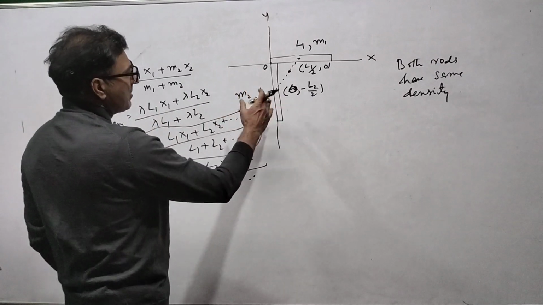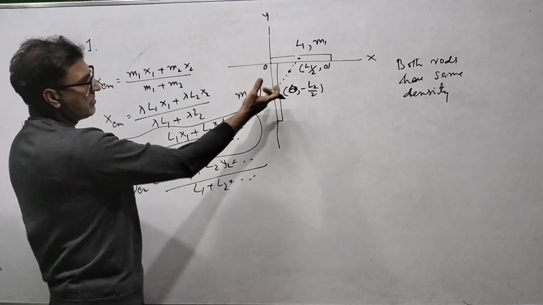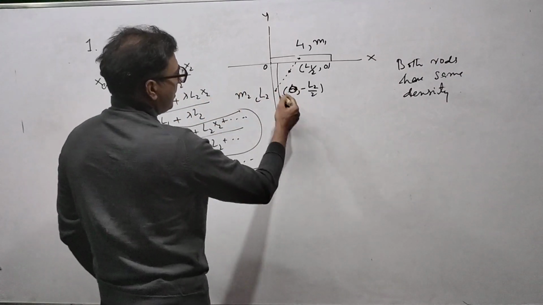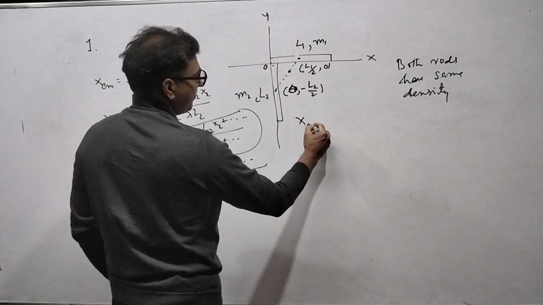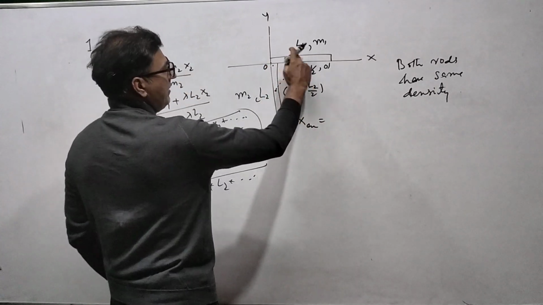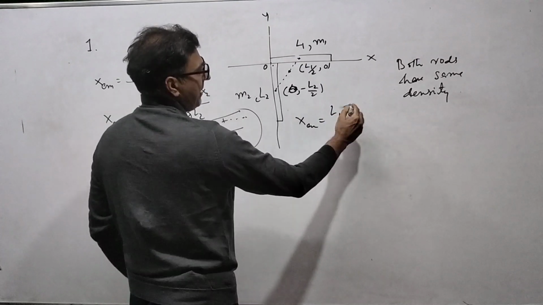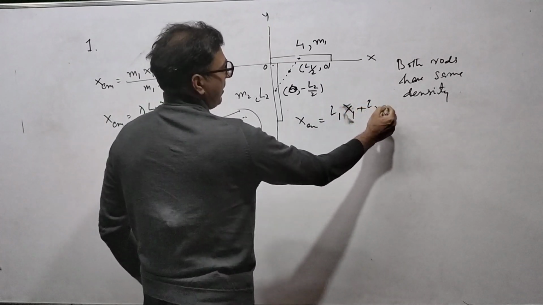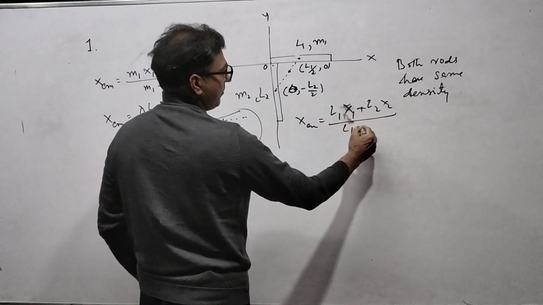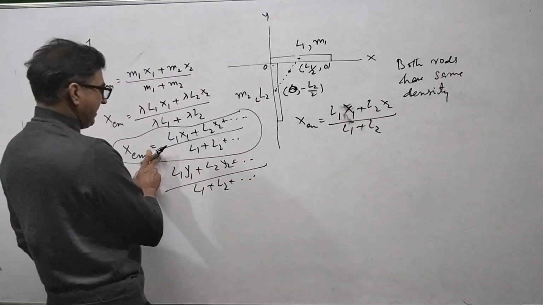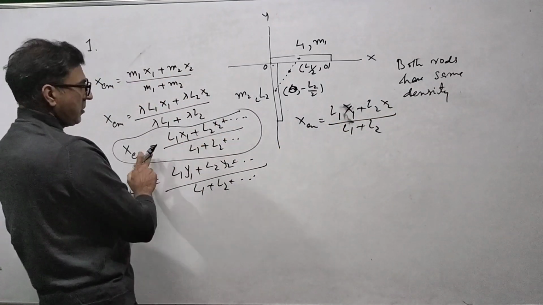So we wrote down the formula in terms of lengths. Now let us solve this problem. What should we write for XCM? Let me write down the formula first: L1 x1 plus L2 x2 divided by L1 plus L2. That is the formula by this logic.